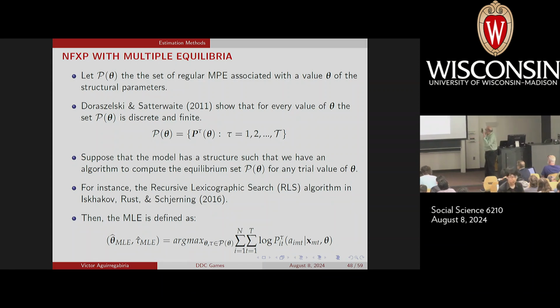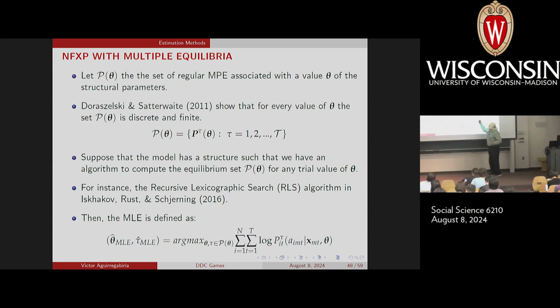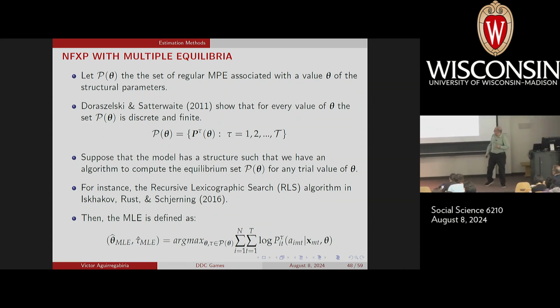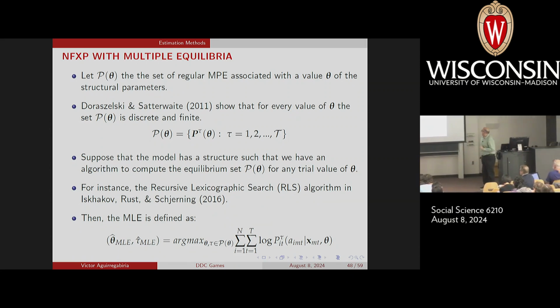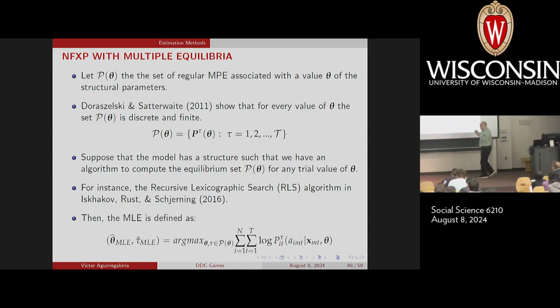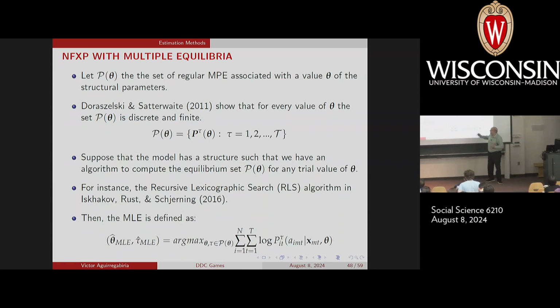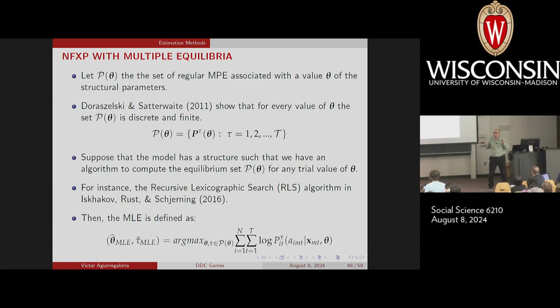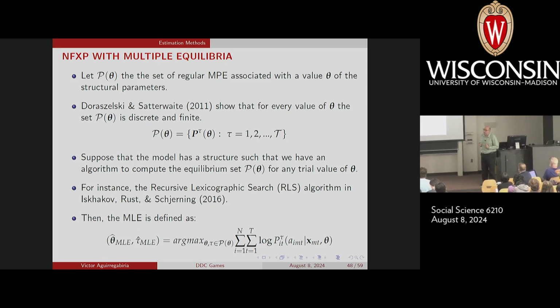And that's, for instance, the case of the recursive lexicographic search algorithm by Iskhakov, Rust, and Schjerning in a particular class of dynamic models, okay? Then this algorithm in a particular type of dynamic models can give us all the possible equilibria that the model has for a particular value of theta, okay?